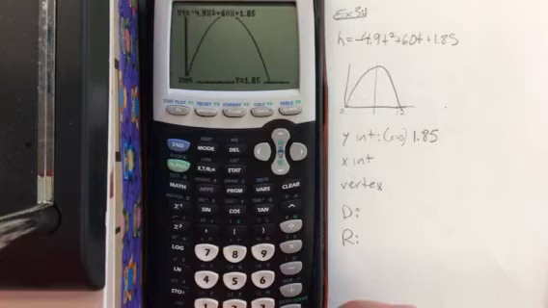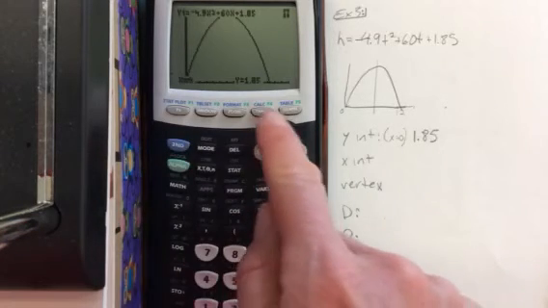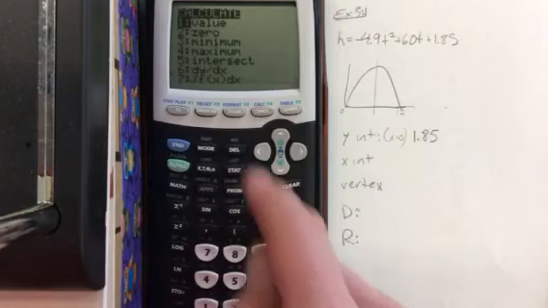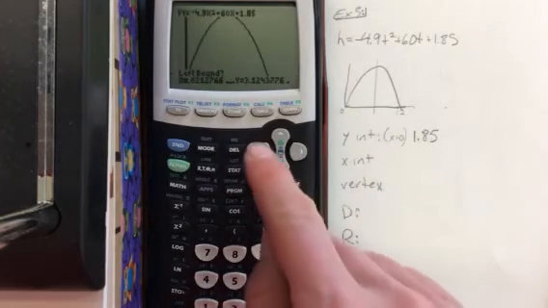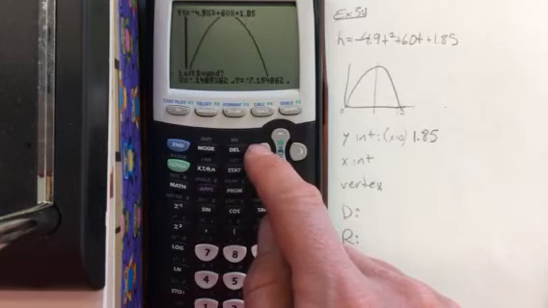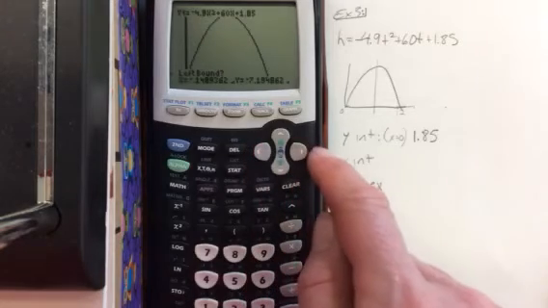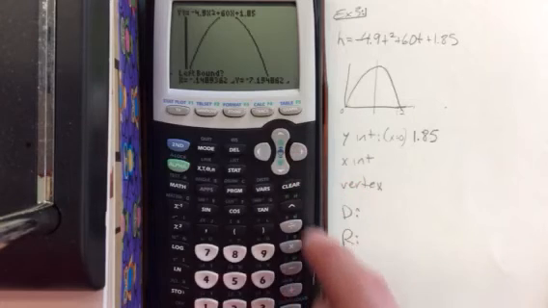Now, I want to find my x-intercepts, and those are what they call the zeros. So I'm going to go second function, calc, and zeros. Right now, I want to find my cursor. It says that my x is negative 0.14 and my y is negative 7, so they're kind of far off the other way. But I can probably just cheat and say that's pretty close. So I'm going to hit enter.